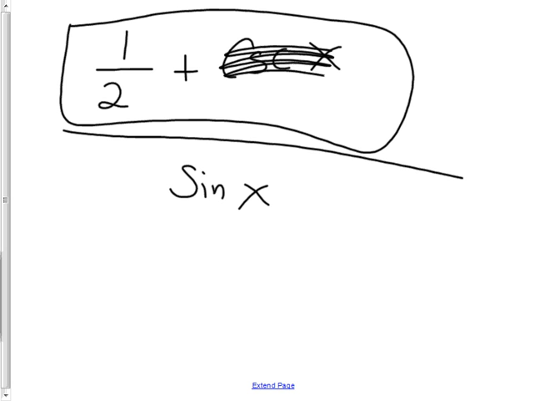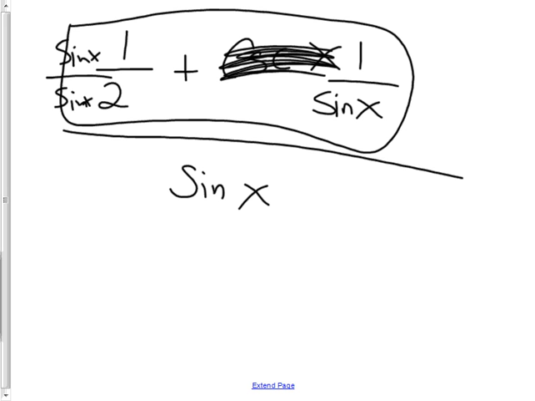So cosecant, 1 over sine. Do they have a common denominator? No. So I multiply this one by sine x and sine x. Are they still going to have a common denominator now? No. What do I have to do to the other one to make it have a common denominator? If I multiply the bottom by 2, that helps, but then I have to multiply the top by 2 also, right?